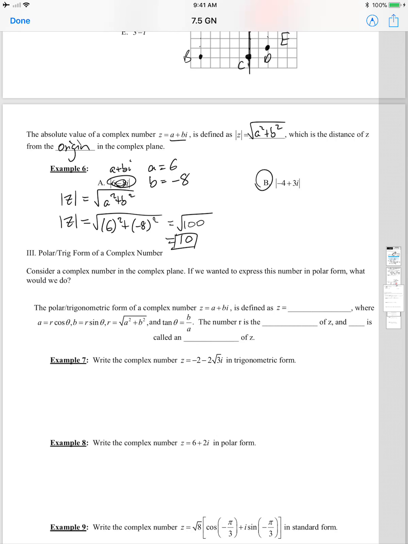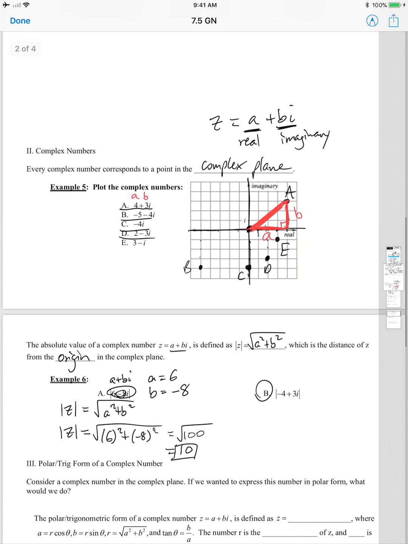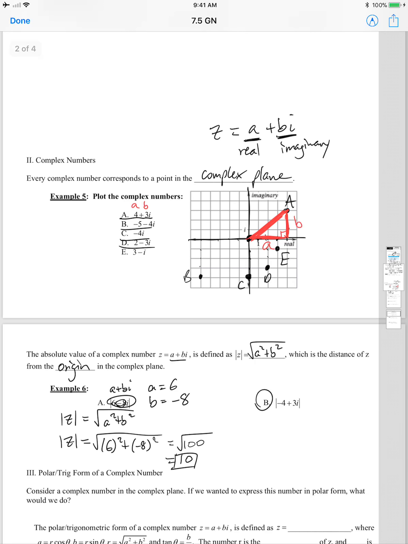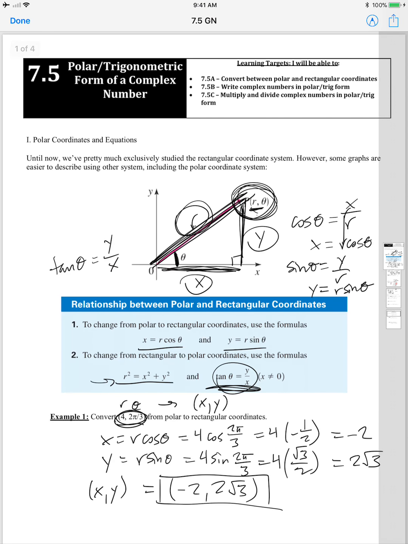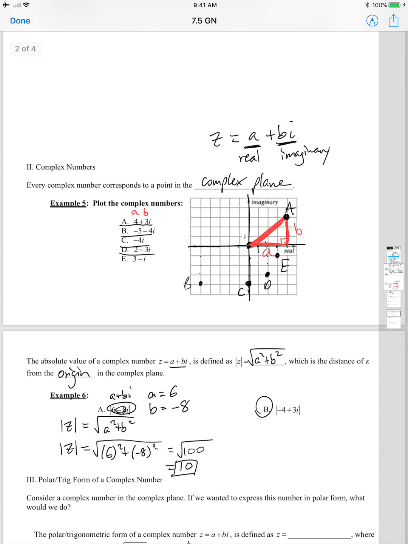But let's move on, and you might be able to guess where I'm going with this. Just looking at the complex plane here, how we define complex numbers. We drew this triangle to find the absolute value. But what did we start this section with? We were talking about a different way of defining coordinates, polar coordinates. We can do the same thing with these complex numbers.